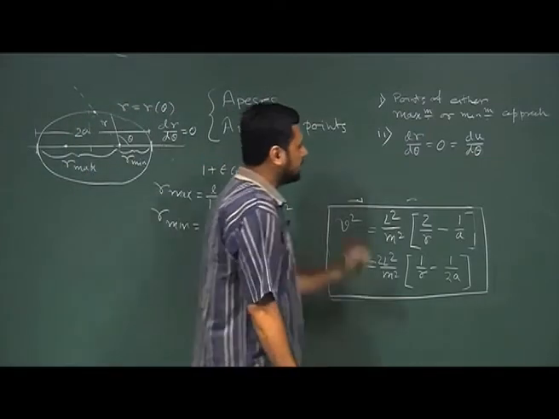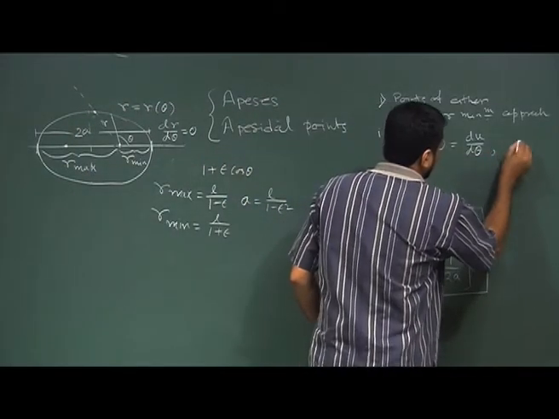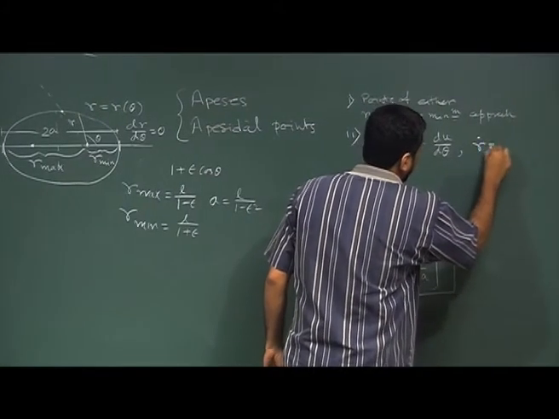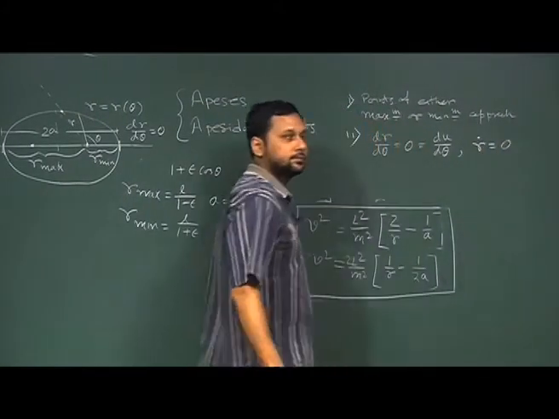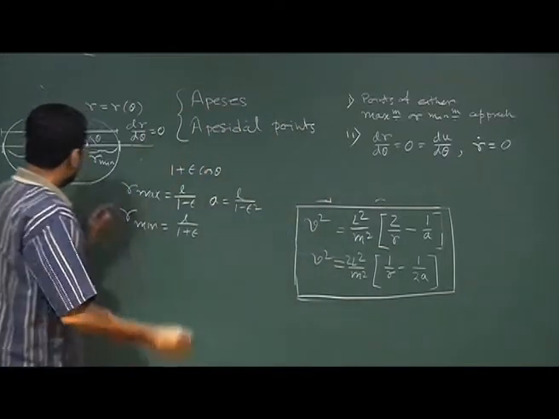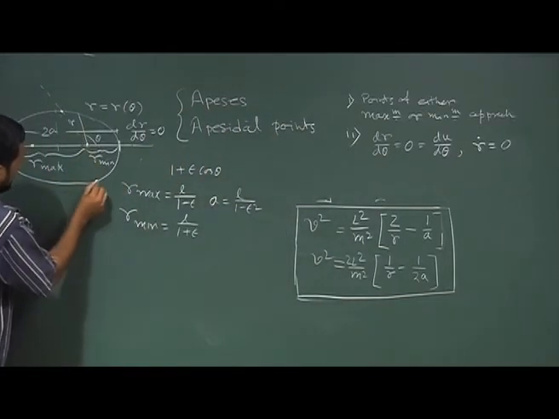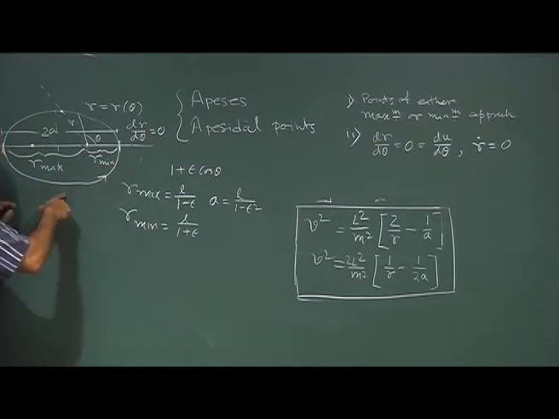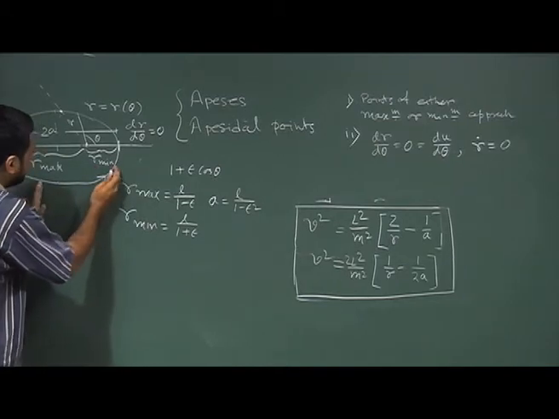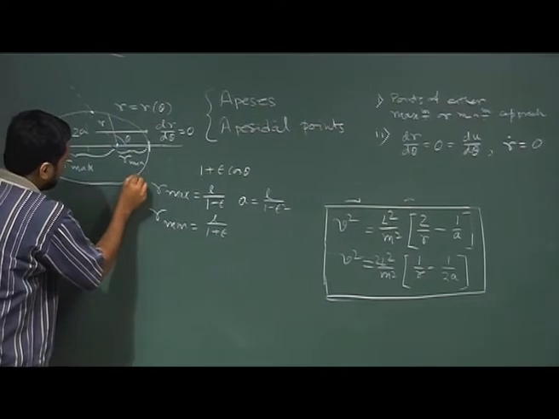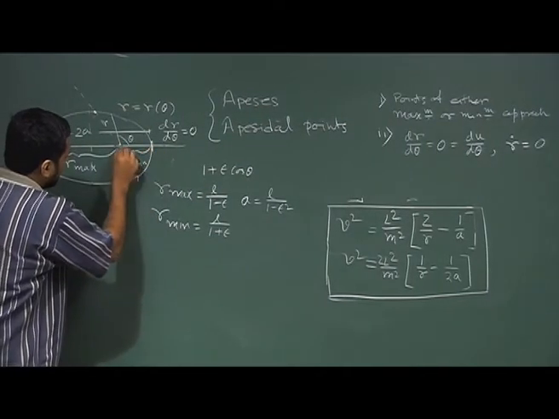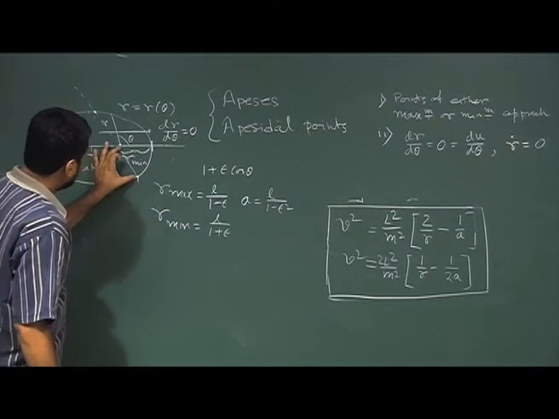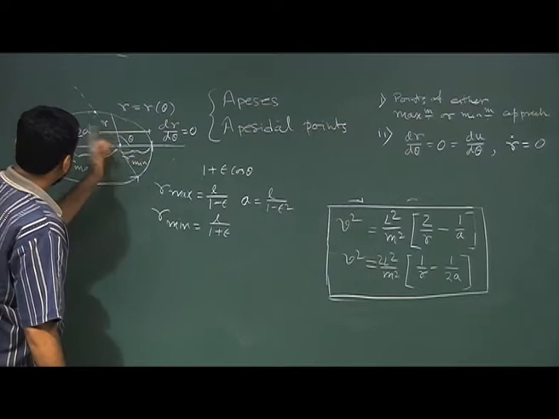Also, not only the spatial derivative, but also the time derivative of r will vanish here. If you think of it, when a particle moves on this particular orbit, let us say we are just taking this as an example, at each point the value of the radial vector changes over time, and these are extremum points.